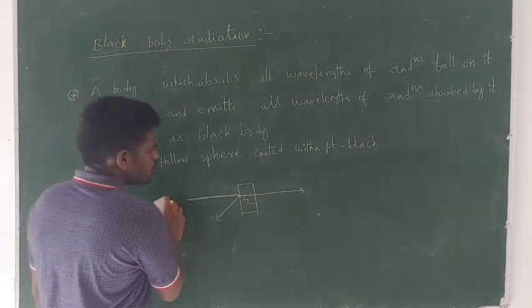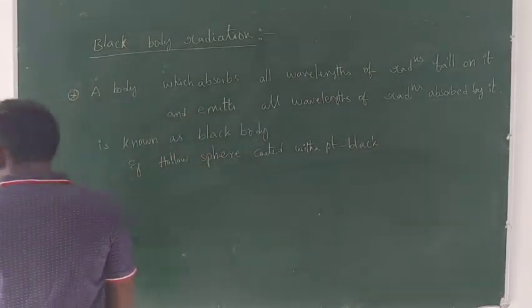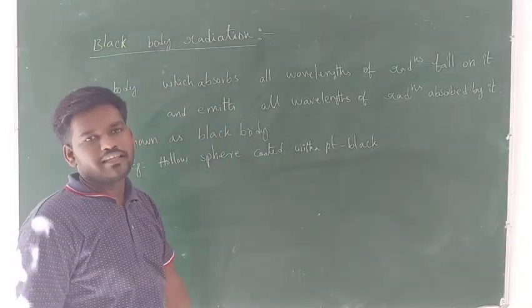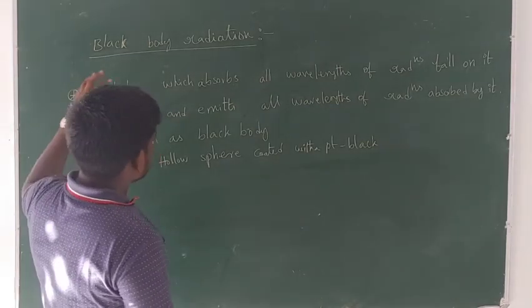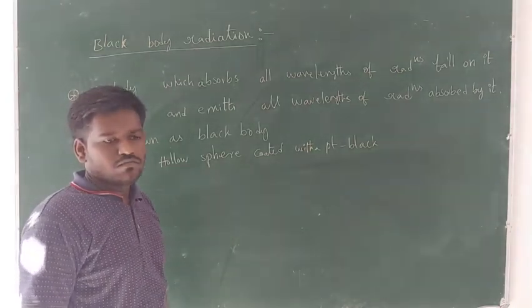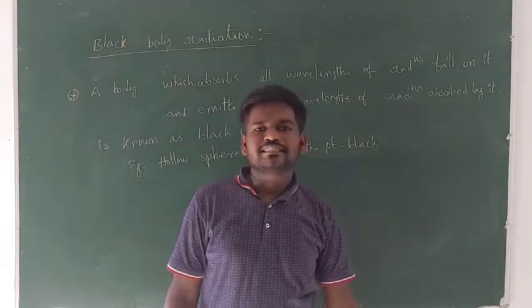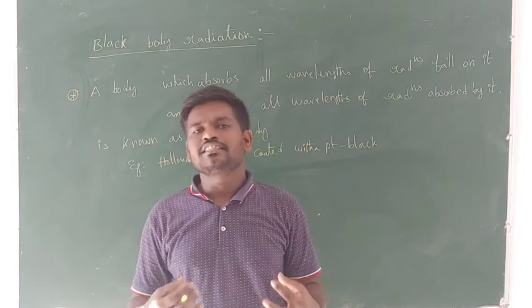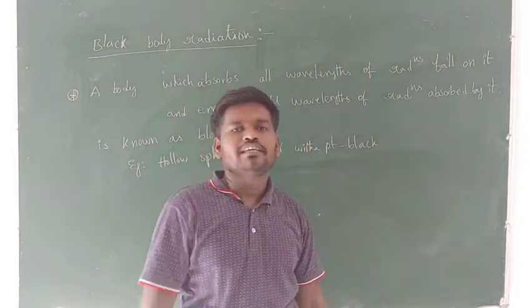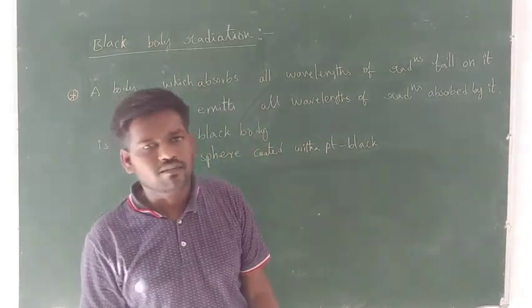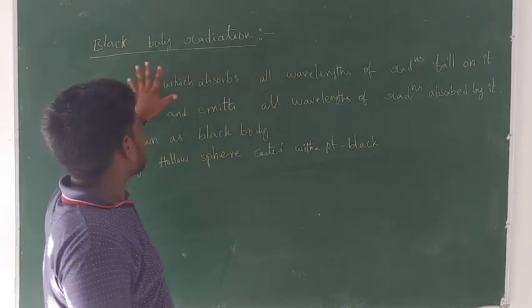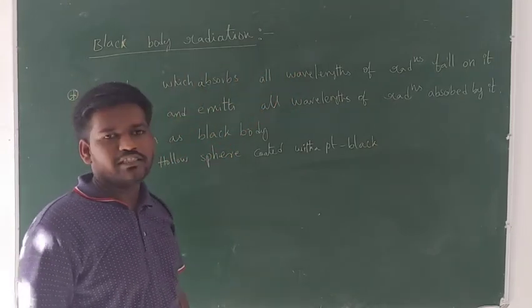When radiation of different wavelengths falls on that body, it is capable of absorbing all the radiation, and it is also able to emit all that absorbed radiation. So a black body is capable of absorbing all radiation with different wavelengths and emitting all the radiation absorbed by itself. Black body radiation means the radiation associated with the black body.